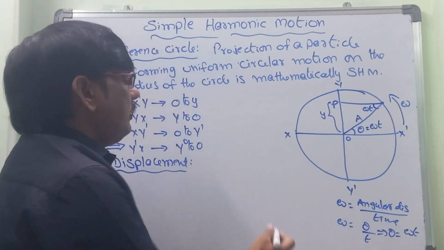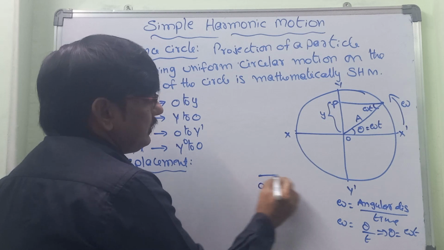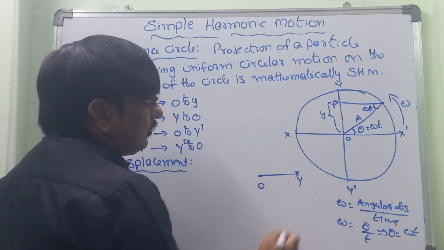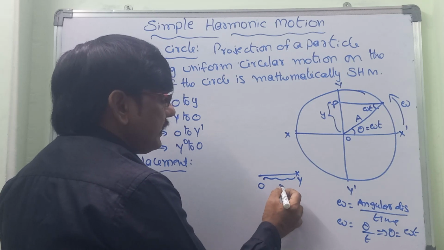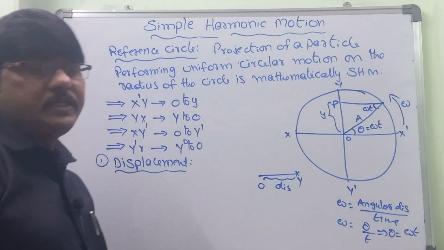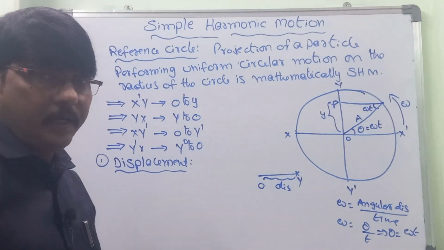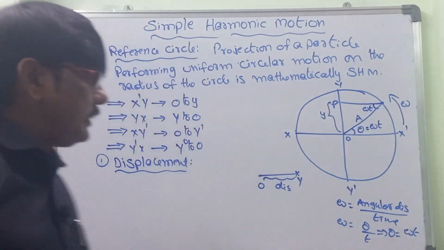For example, if this is the mean position and the particle has traveled till here, let us assume that distance is y. This distance traveled by a particle in SHM from its mean position is called the displacement.